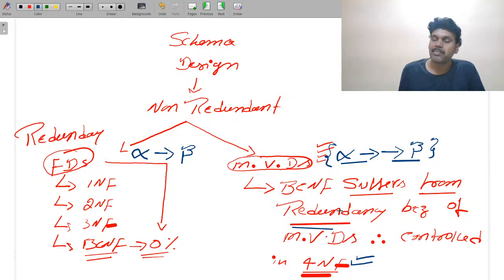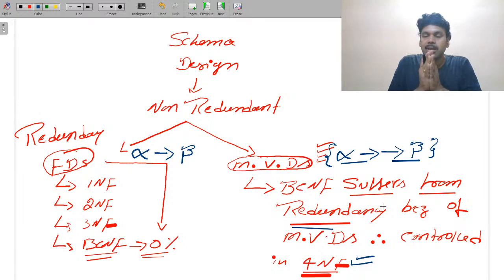So let us learn what a multi-value dependency is. We understood now that the other cause of redundancy is MVD. That MVD generates a lot of redundancy even though you are in BCNF, and BCNF cannot do anything about it. That's why BCNF hands over to fourth normal form, so that fourth normal form can avoid these multi-value dependencies.